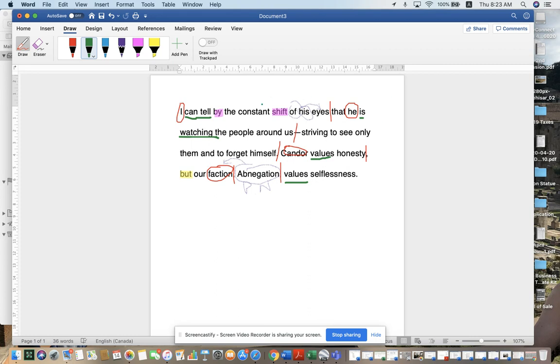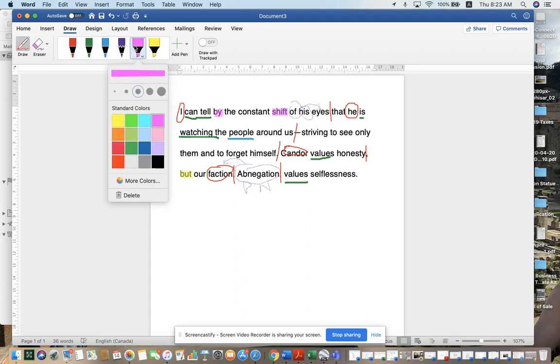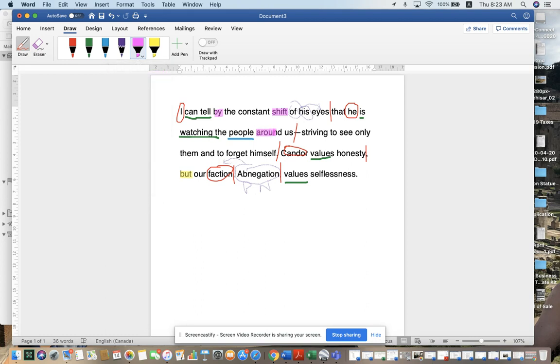So he is watching. Who is he watching? People. Here's the direct object of the watching. Around, and again, this is very important to just read these out word by word, because when I read around, you're going to say around what? Around us.